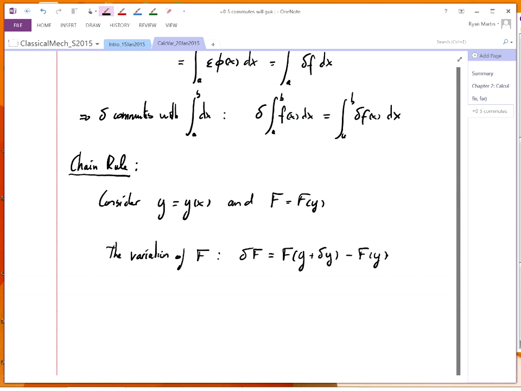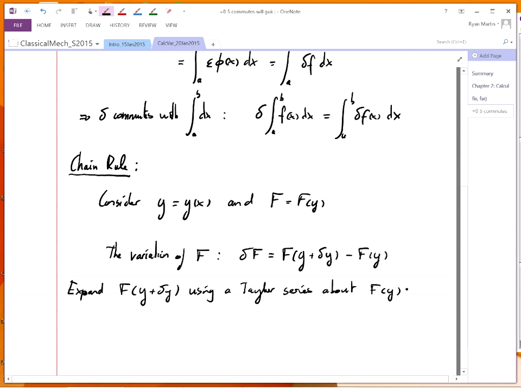So now let's expand this using a Taylor series. Let's expand the first term in particular, F of y plus delta y, using a Taylor series about F of y.